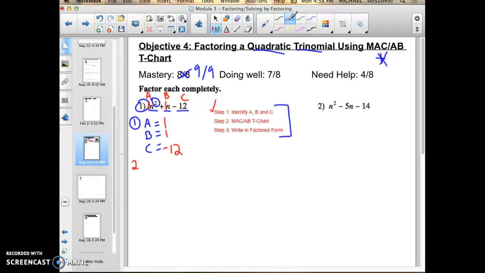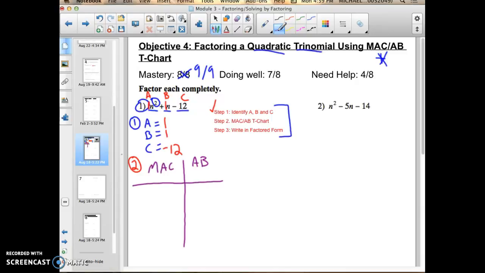Step 2 says to use the MACAB T-chart. So I need to first set up my MACAB T-chart correctly. I'm going to use a different color. I'm going to write MAC, draw a line, and then AB to separate the two. Then I need to draw a line below the words MAC, AB.